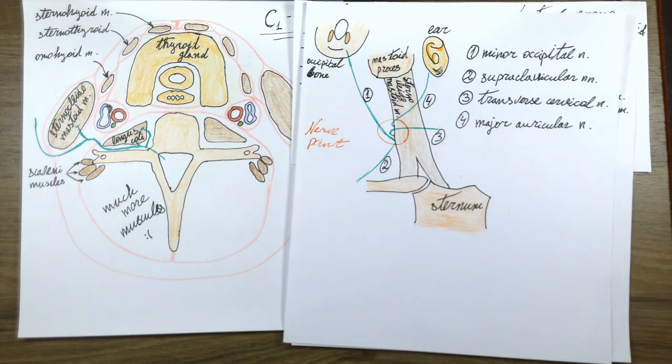The last one, the major auricular nerve, goes towards the ear, goes behind the ear actually, and would again innervate this area, right? So if we have to summarize, you can see that most of these innervate neckish portions, the neck portions of the body, sorry. And mostly the anterior part, right?